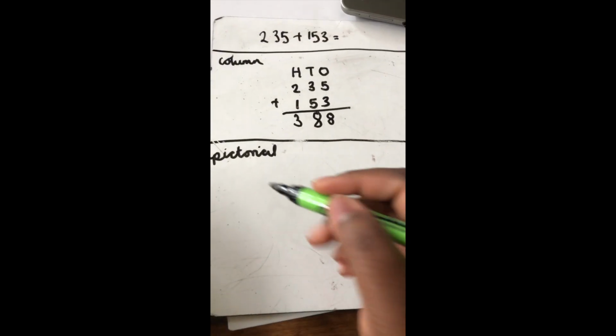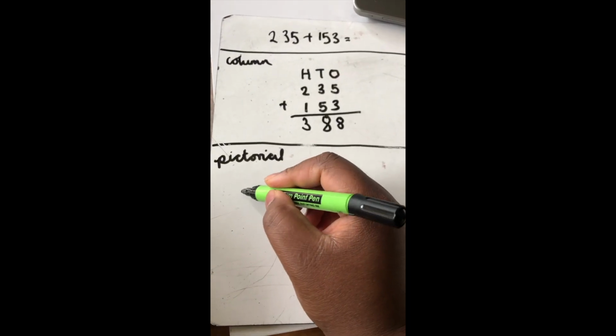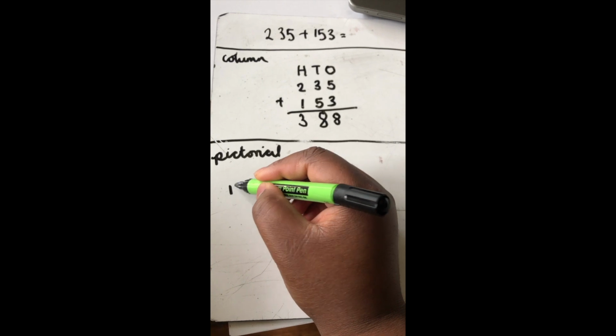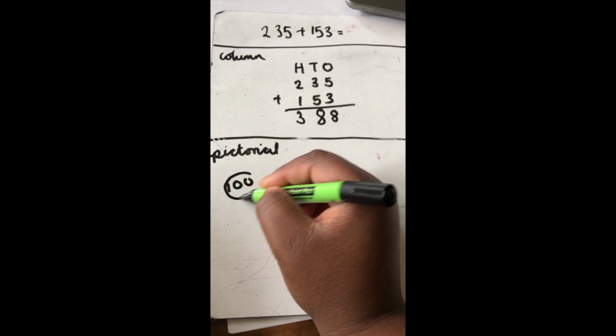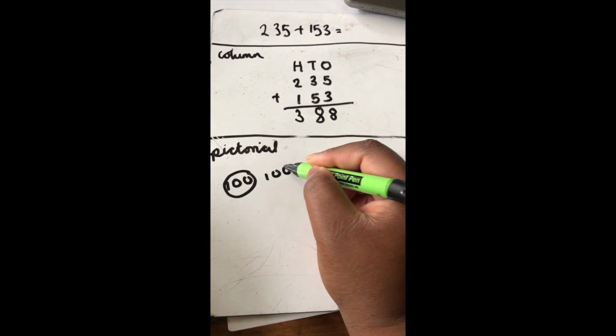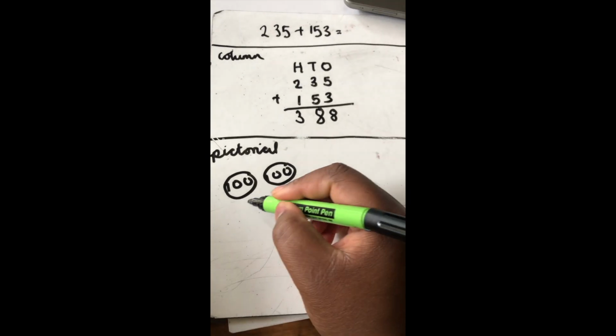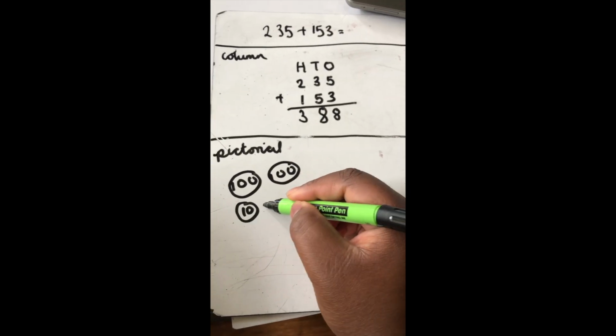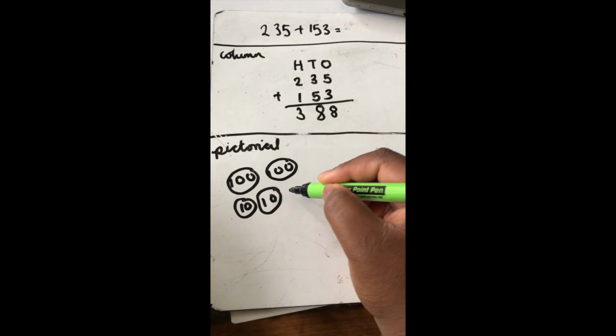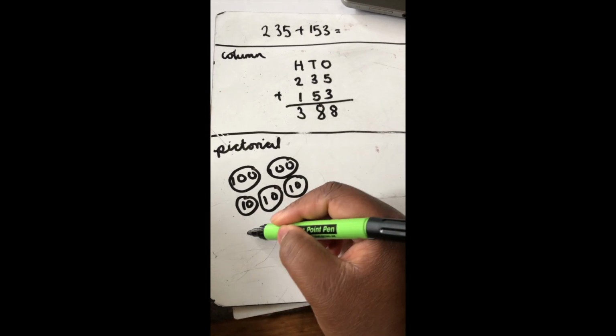We can also do this pictorially. So if I start with drawing my hundreds, 100. And then my tens. Then my ones.